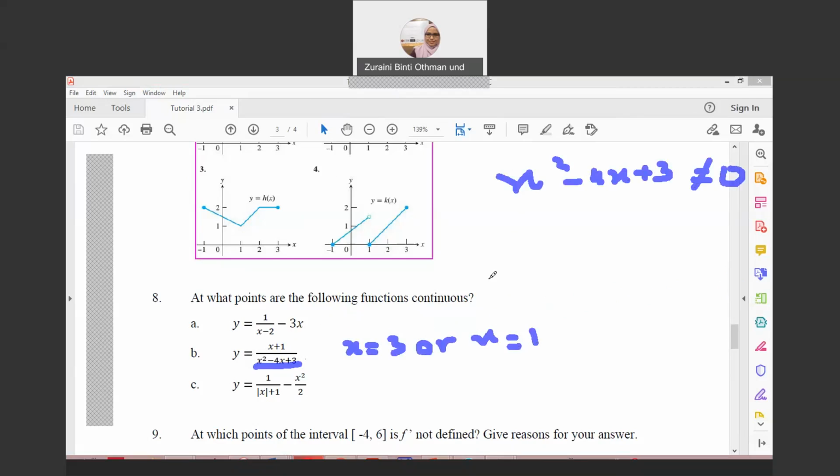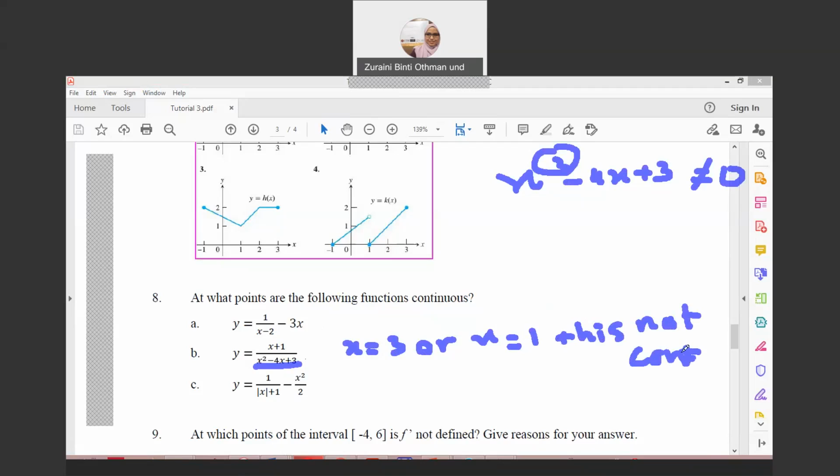Okay, kita selesaikan guna persamaan kuadratik tu. So kita dapat dua jawapan. So at the point x is equal to 3 or x is equal to 1, this function is not continuous. So kita cari melalui domain tu.